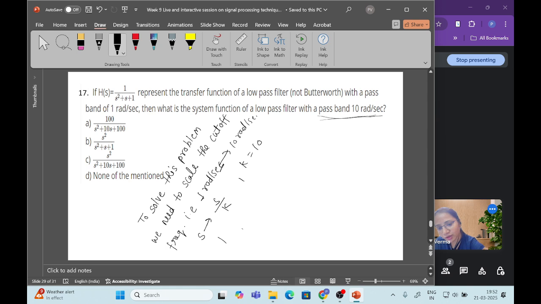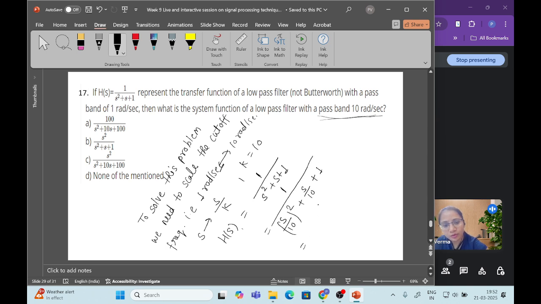So H of s is given as 1 by s square plus s plus 1. Just scale by this factor: 1 divided by (s by 10) square plus s by 10 plus 1.